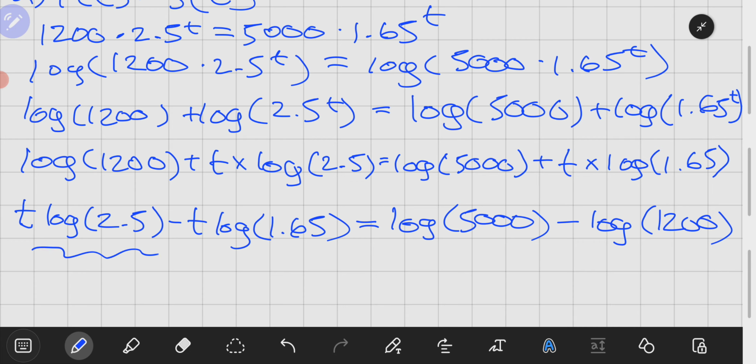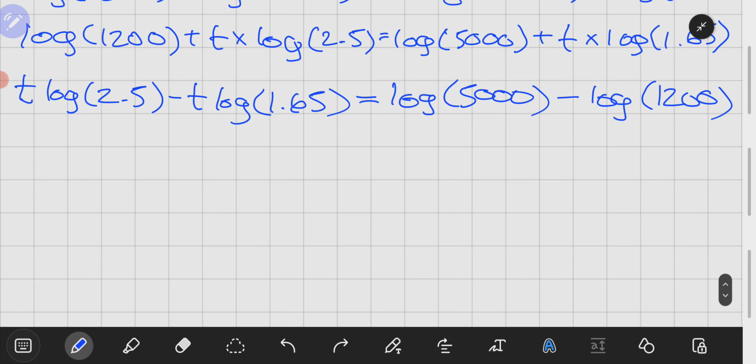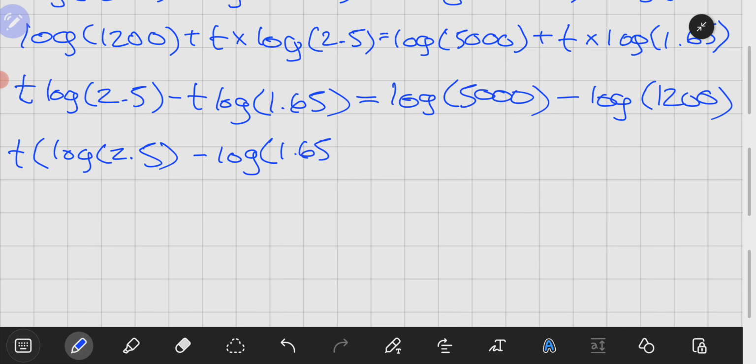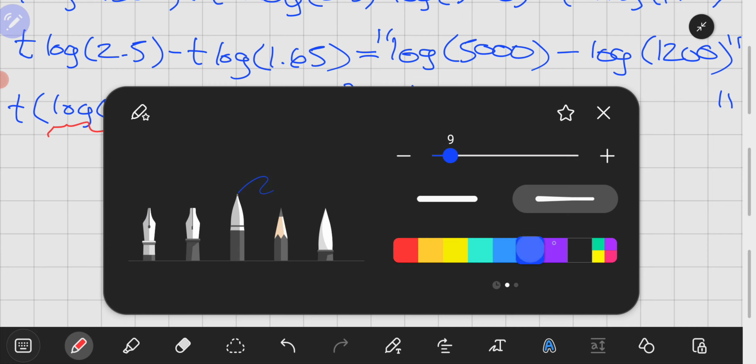And now since our left side, they both have the common term of T, we can factor that out so that we get T times log 2.5 minus log 1.65 in brackets. And then the last thing we will do is divide both sides by this bracketed portion to isolate for T, okay?